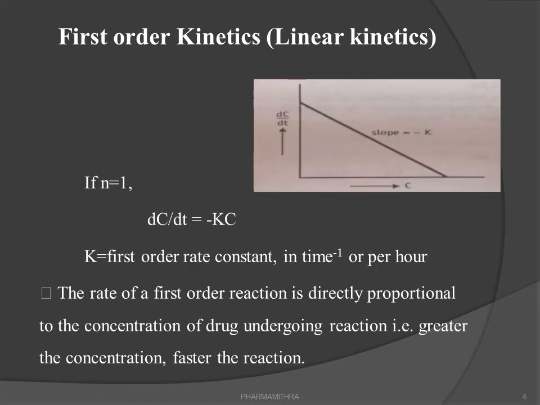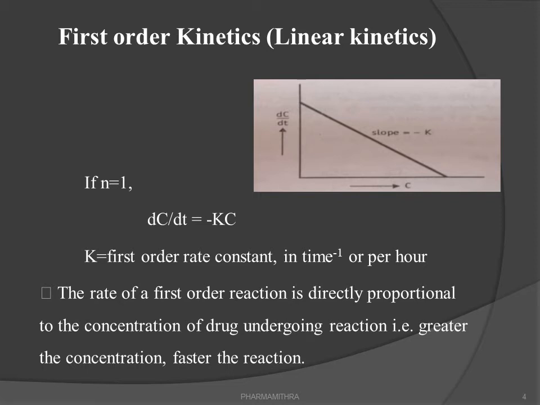Going to the first order kinetics, it is otherwise known as linear kinetics. Here n becomes 1. So the equation becomes dC by dt is equal to minus kC. The unit is time raised to minus 1, or per hour. k is the first order rate constant.